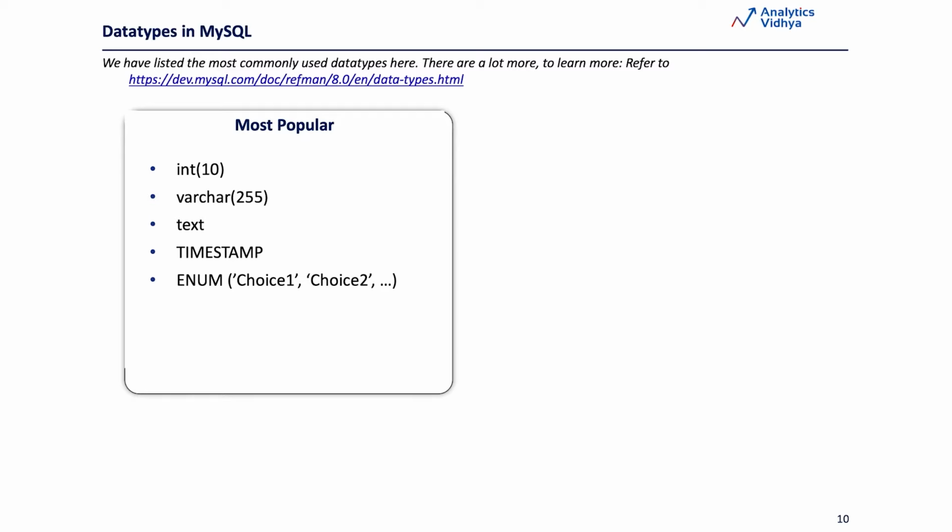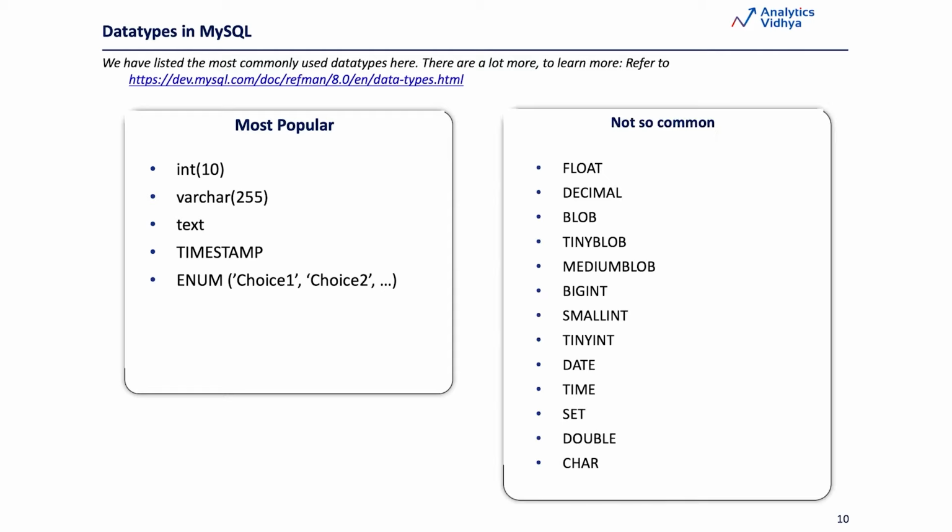The most efficient data type is enum in the case of choices. Okay. Then there are some other data types like float or floating point integers, blob for storing binary data, and so on. To learn more deeply into the data types, you can see the refer link out here.